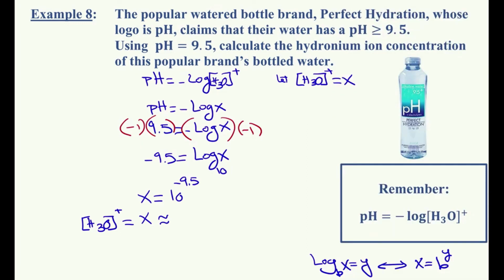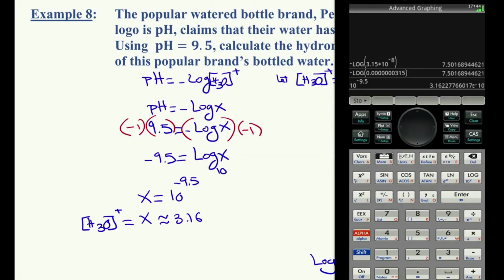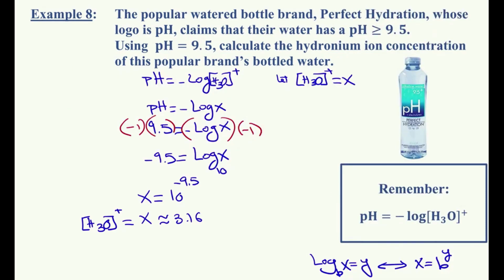So just deal with the problem according to instructions given if you're on a test or on homework. So 3.16 times 10 to the power of -10. All right, so that's how you calculate hydronium ion concentration if you know the pH. In the last problem, we were given the hydronium ion concentration, asked for the pH. In this problem, we were given the pH and asked for the hydronium ion concentration.